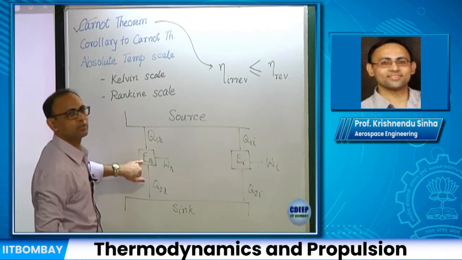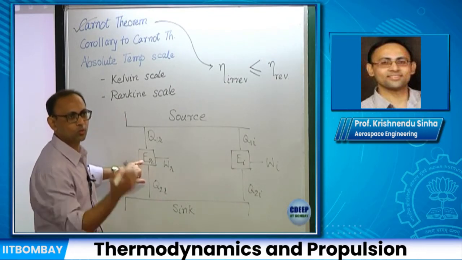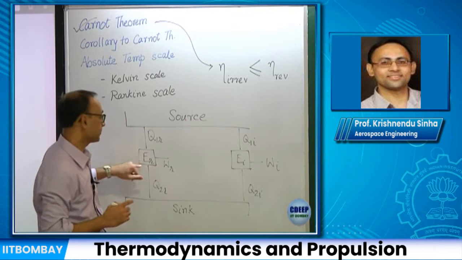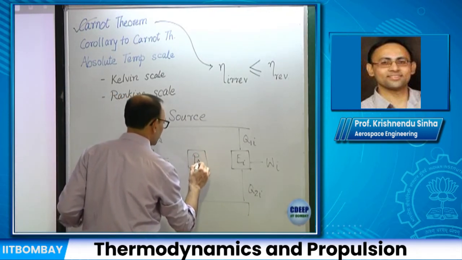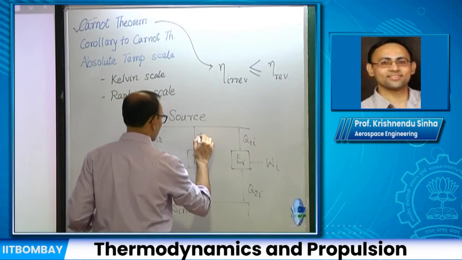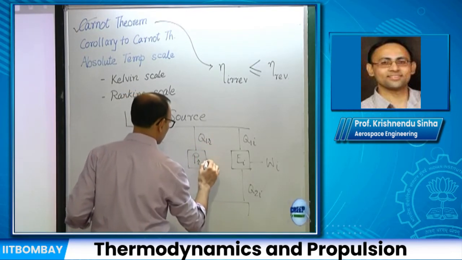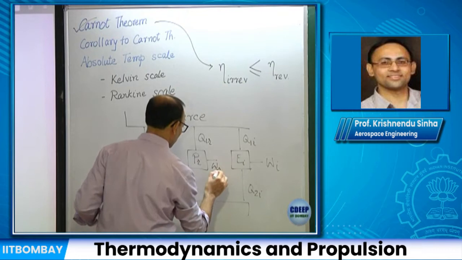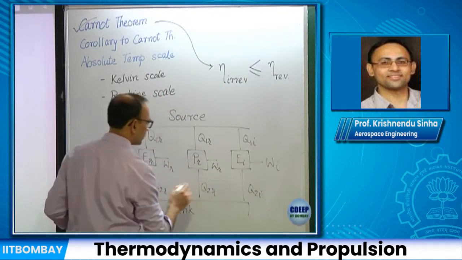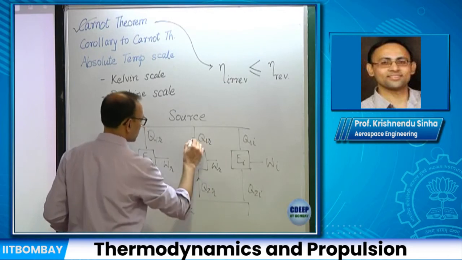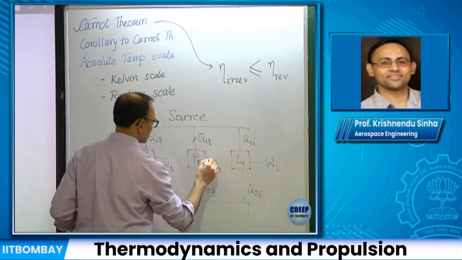We can invert each step of the reversible engine to get an equivalent, exactly equivalent pump. We call that P sub R, Q1R, WR, Q2R, and now let me place the arrows to show the directions.